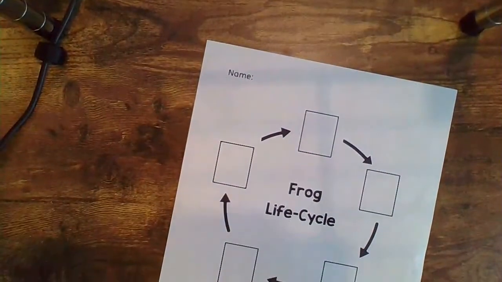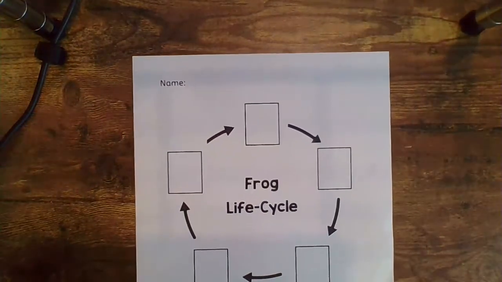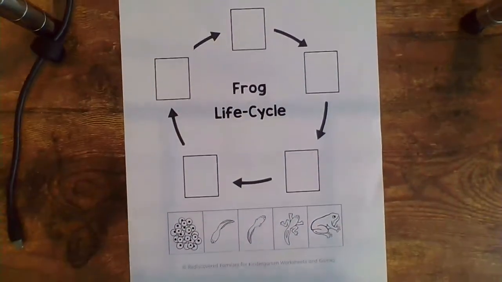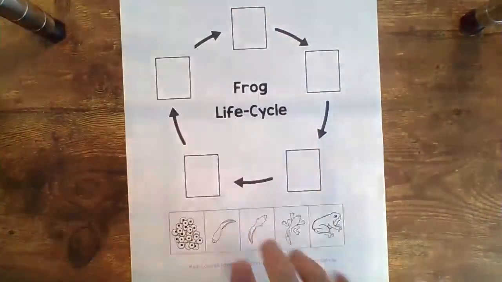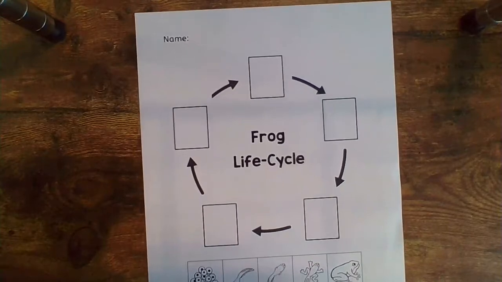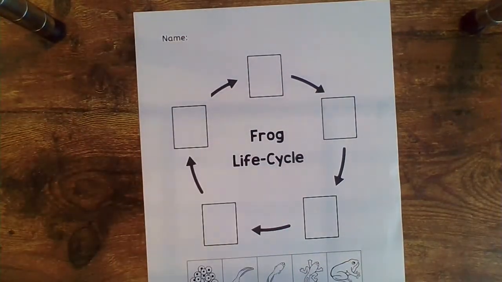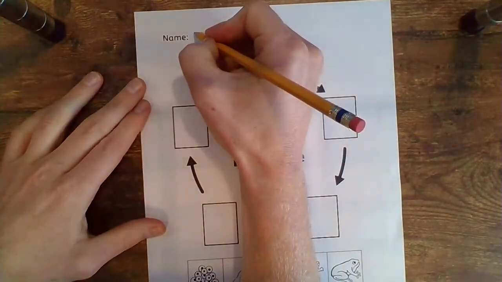So I'm going to move my camera so that you can see my paper, so give me one moment. All right. So here is my paper. And at the top it says name, so I'm gonna write my name.